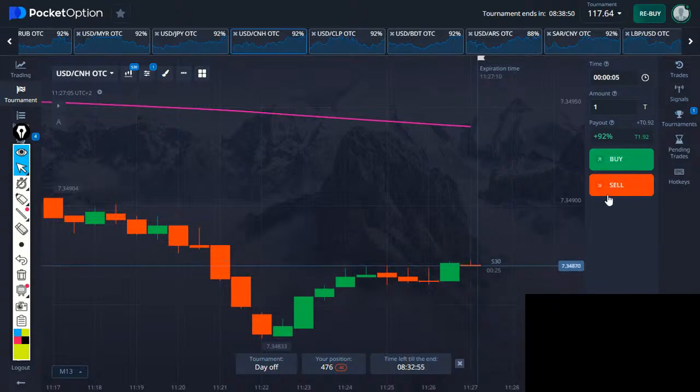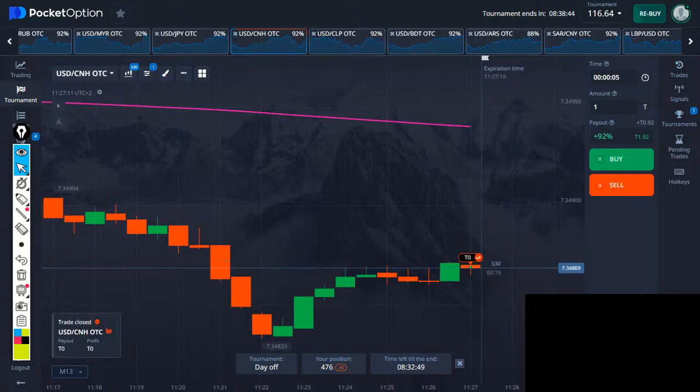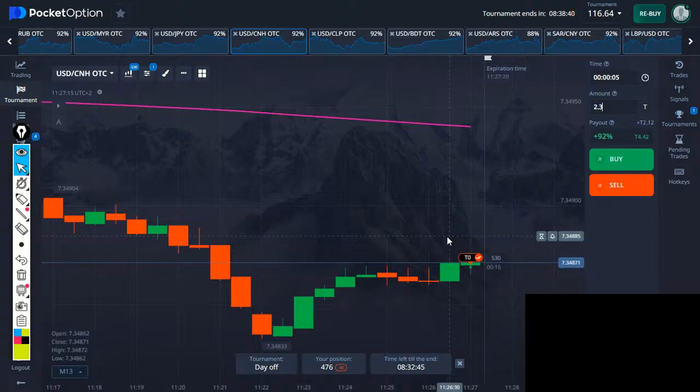Okay, we have green as well. Nope, we have red. We go for a sell. Was a bit late on this one. No problem. We go for 2.3. We increase the amount.